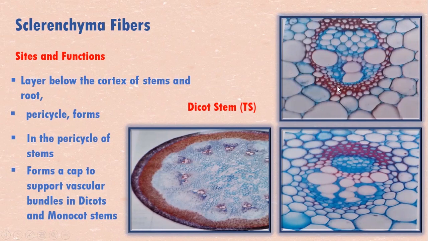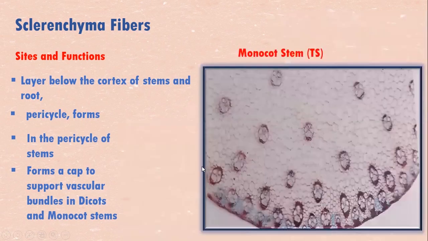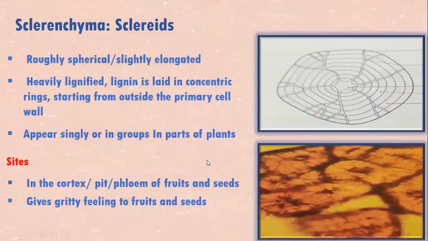They need strength, so sclerenchyma tissue strengthens the area. Here's another sclerenchyma tissue strengthening the area as a cup. All right, good. So that is where they are found. Here is also sclerenchyma around the vascular bundles of monocots, all around it to give it strength, so that the tissues will not collapse.